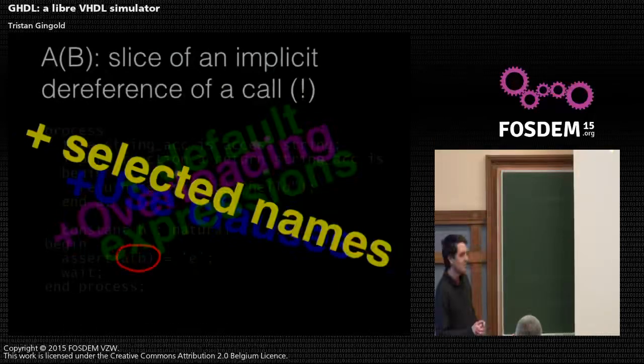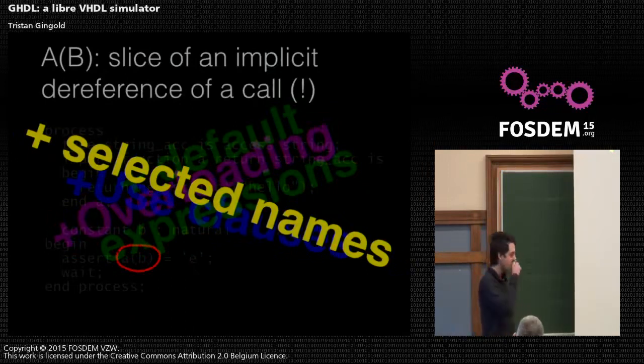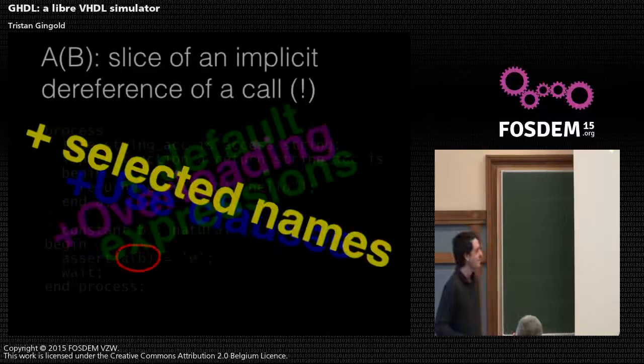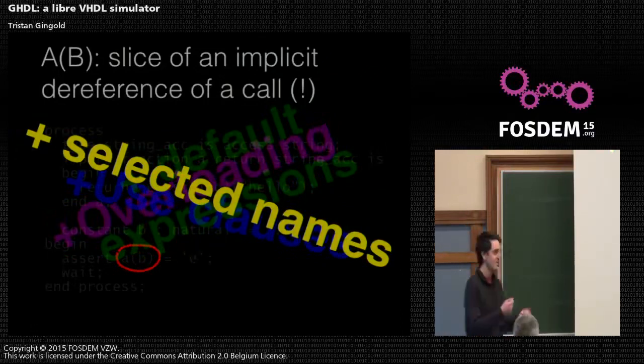And unfortunately, it's not always a good idea, because sometimes I get a report: this design can be simulated by this commercial simulator, but not by GHDL. So I look at the source, and I say, sorry, but this is not legal in VHDL.